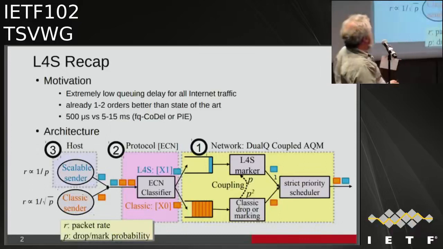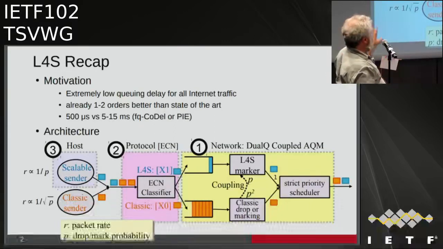A recap. This is the general architecture, this picture. The motivation for L4S is extremely low queuing delay for all internet traffic eventually, and certainly all applications. Already 1 to 2 orders better than state of the art, about average 500 microseconds versus 5 to 15 milliseconds at best with state of the art active queue management, or hundreds of milliseconds with buffer bloat.